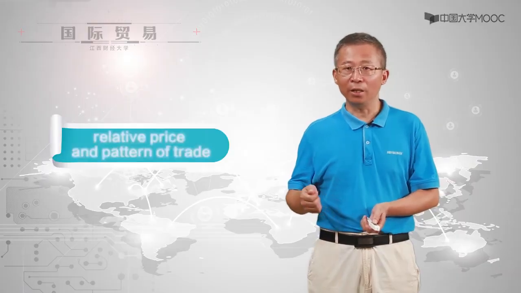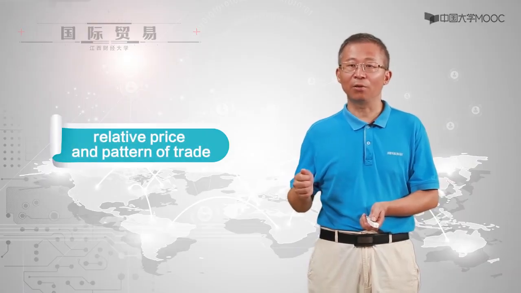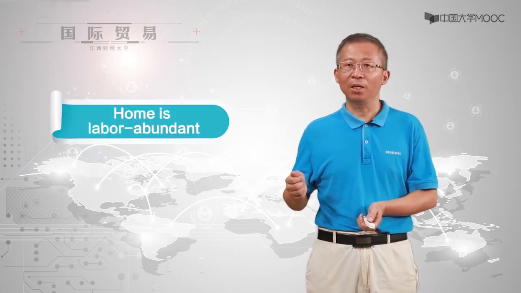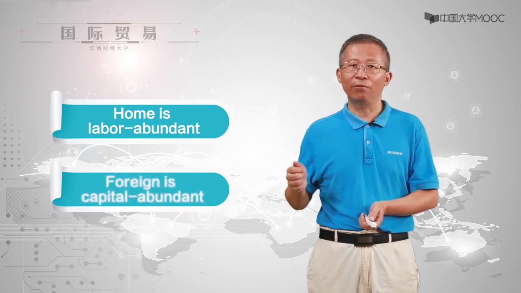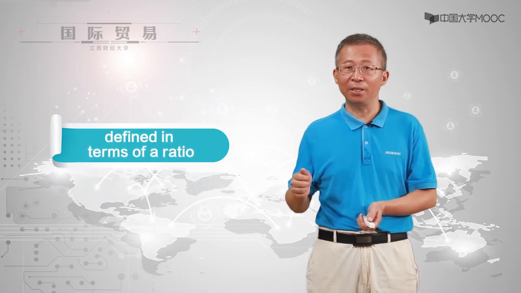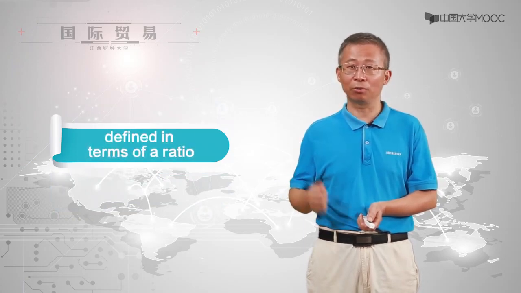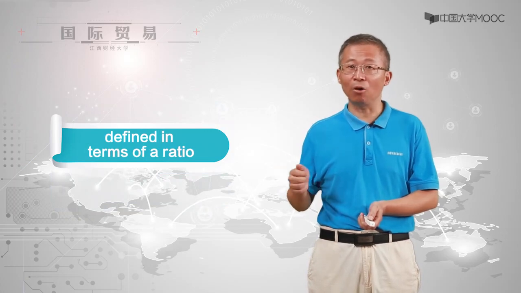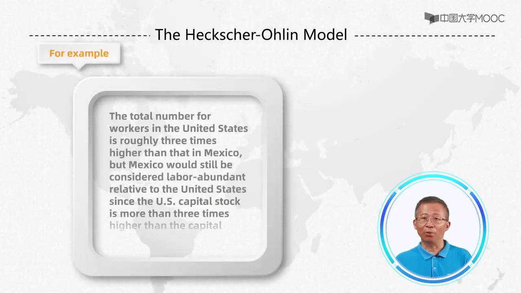Second, relative price and the pattern of trade. Since home has a higher ratio of labor to capital than foreign, home is labor abundant and foreign is capital abundant. Note that abundance is defined in terms of the ratio, not in absolute quantities. For example, the total number of workers in the United States is roughly 3 times higher than that in Mexico.